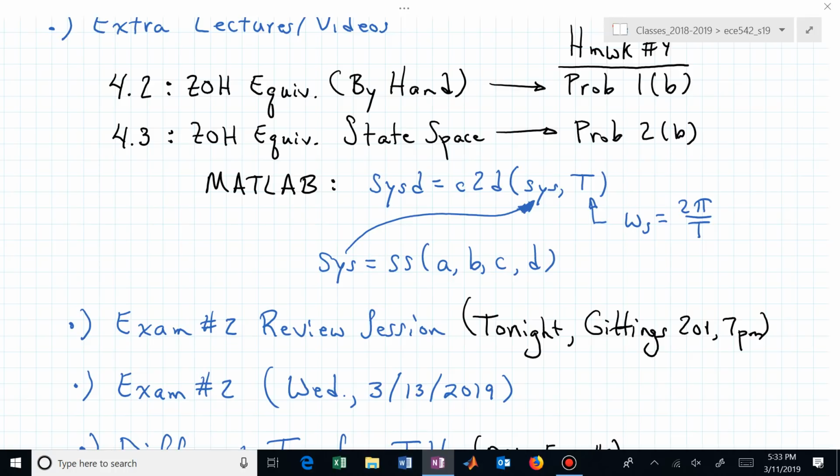That's a rule of thumb, which means that it's not a hard and fast rule that you have to absolutely hold to, but it's something that gives us a guide to how we pick capital T, or how we determine our sampling frequency. If we know the fastest frequency in our analog system is 14, then we need to go 30 times that to find our sampling frequency for the discrete time system.